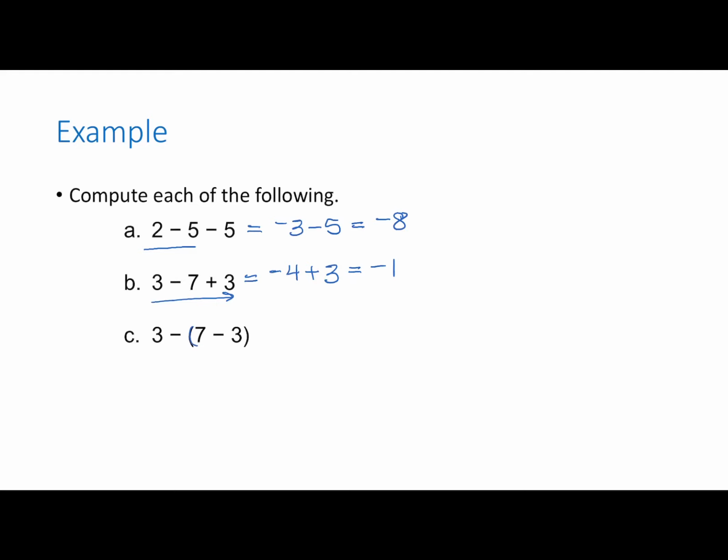Now, when you have parentheses, it's telling me to do what's in the parentheses first. So this is going to be 3 minus the quantity 7 minus 3. 7 minus 3 is 4. So 3 minus 4, which gives me negative 1.